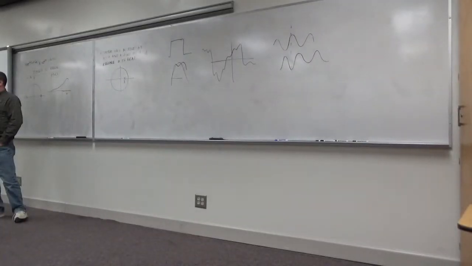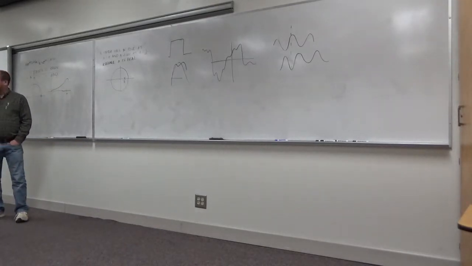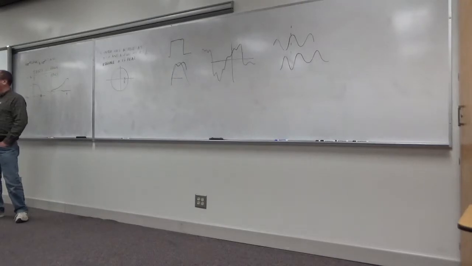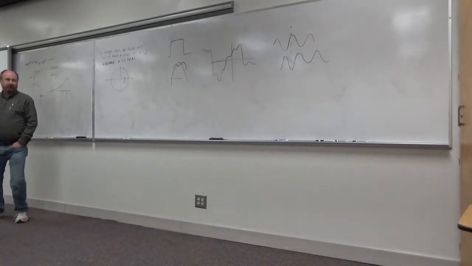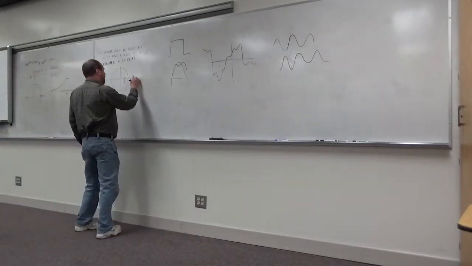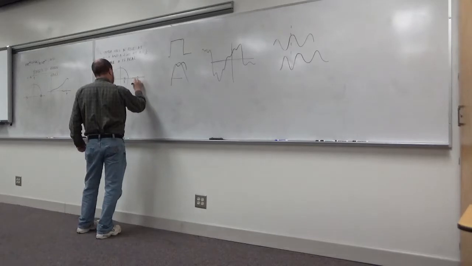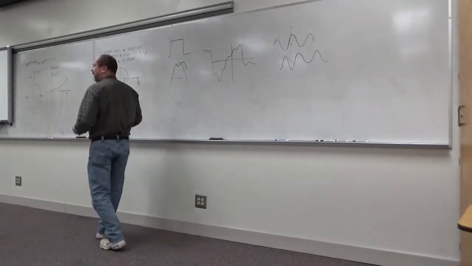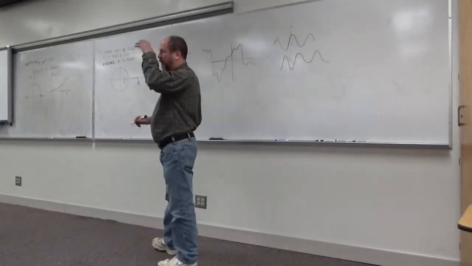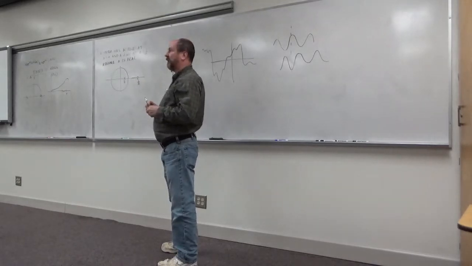It's outside the unit circle. Is it guaranteed? Yeah, sure. It's less than 1. That's right, because a is less than 1, 1 over a is guaranteed to be bigger than 1, right? Okay, so it has a 0 out here, a 0 at 1 over a.